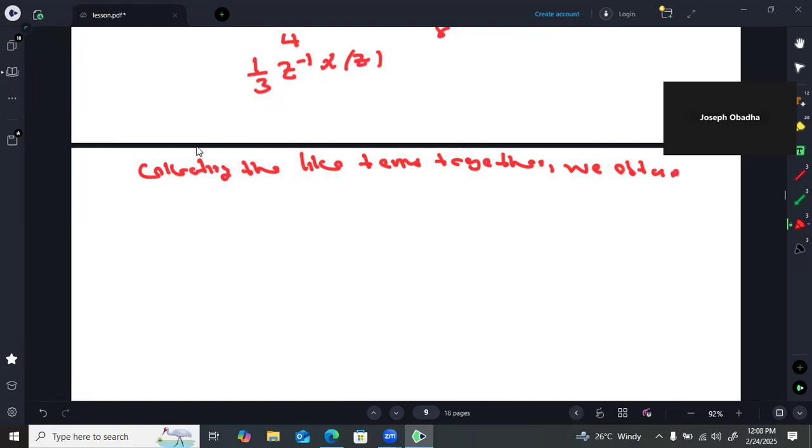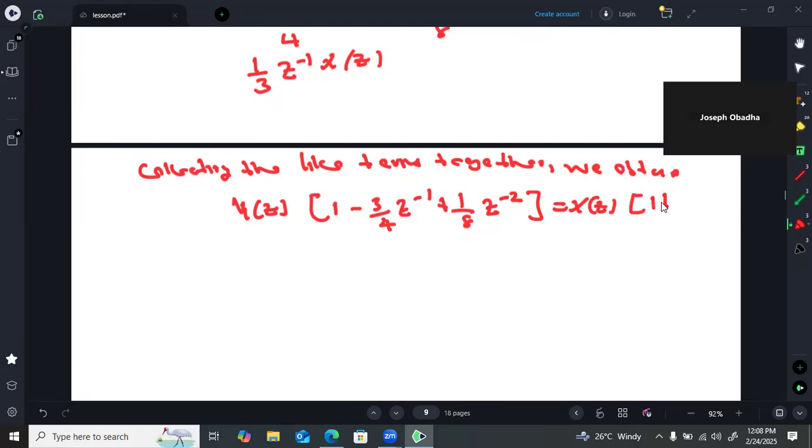Then I will have Y(z) times (1 minus 3/4 z^-1 plus 1/8 z^-2) equal to X(z) times (1 plus 1/3 z^-1).